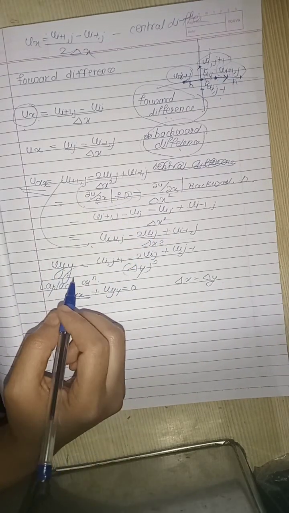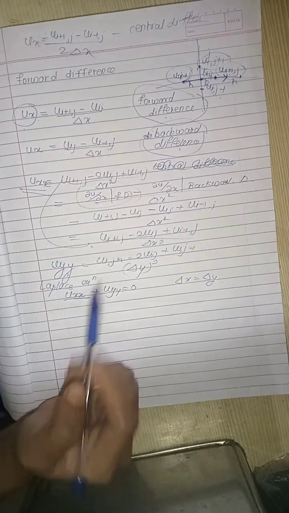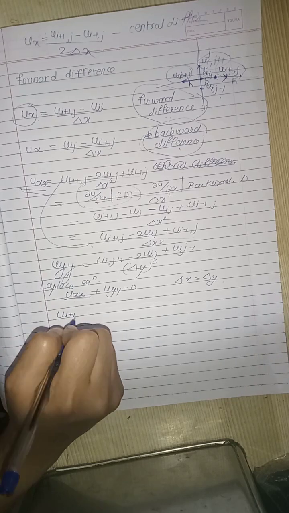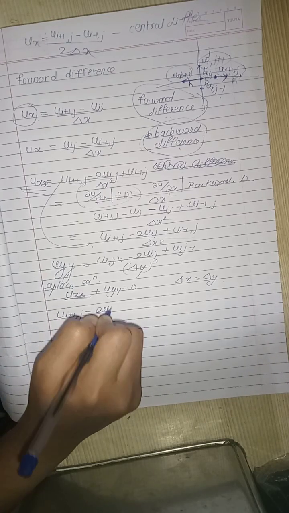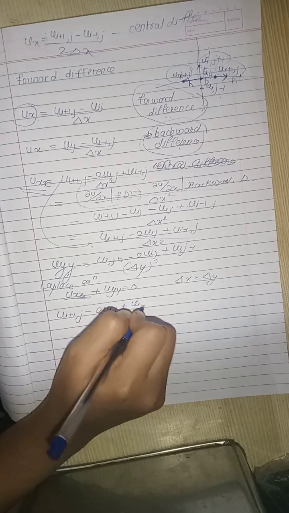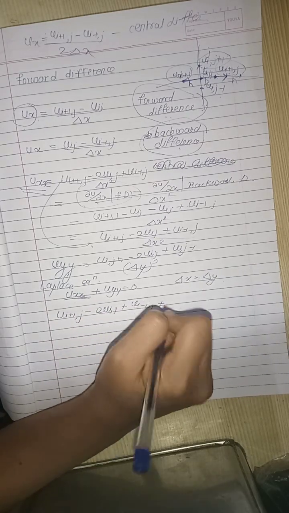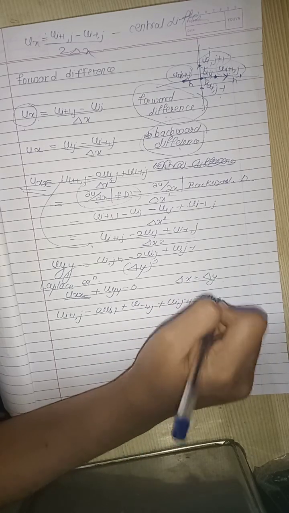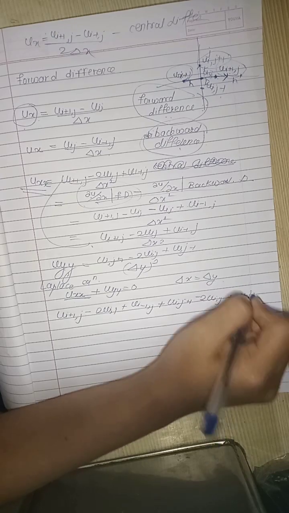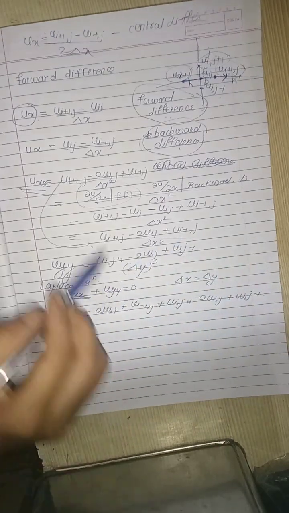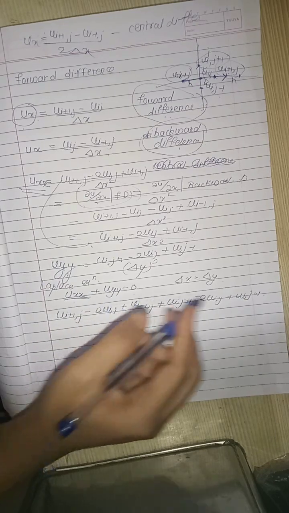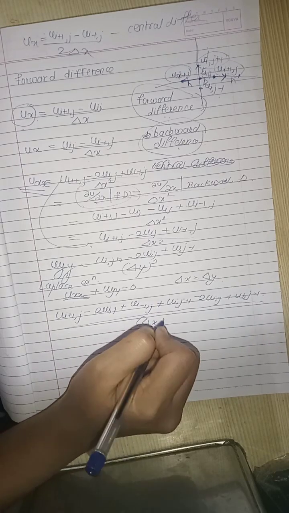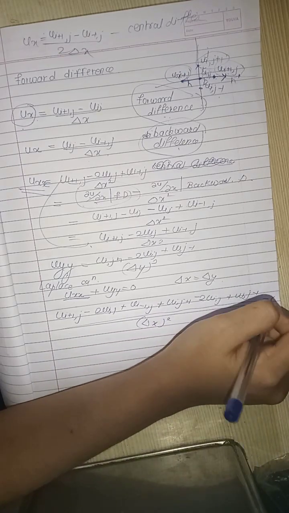So now substituting this value of u_xx in the Laplace equation, we get u_i+1,j − 2u_ij + u_i−1,j + u_i,j+1 − 2u_ij + u_i,j−1. These were the values for u_xx and u_yy, over Δx², which is equal to 0.